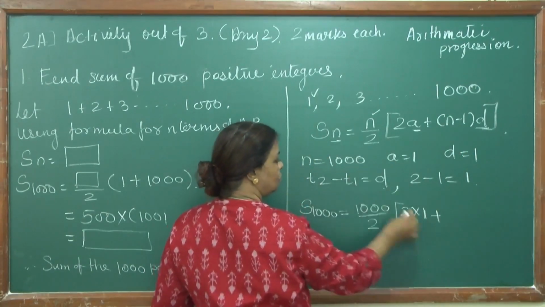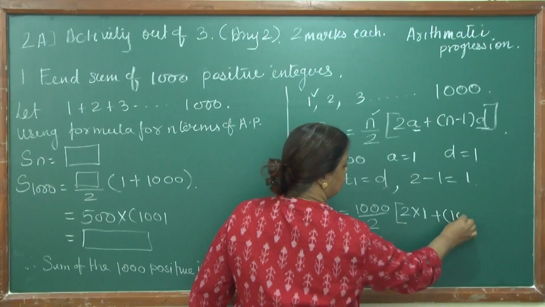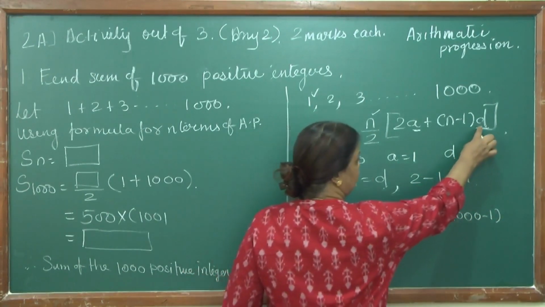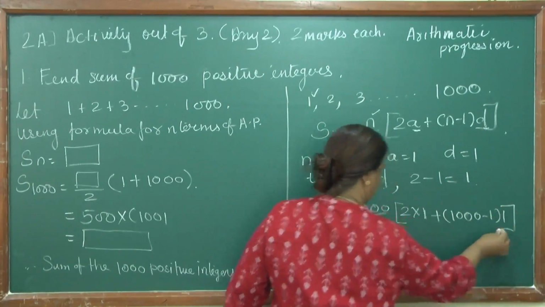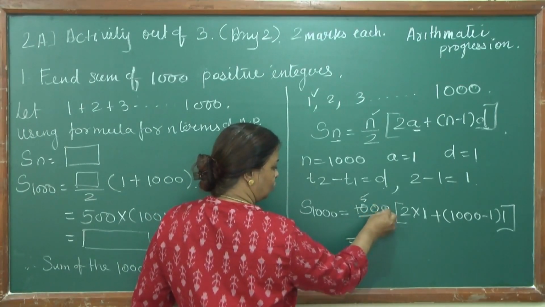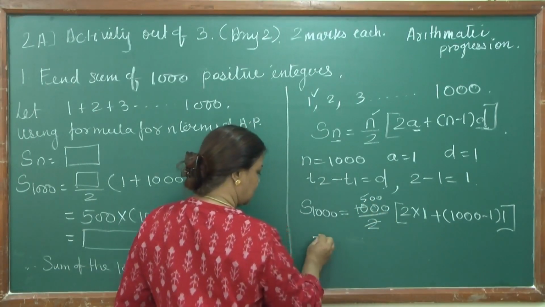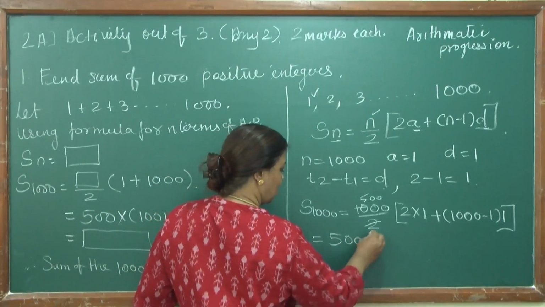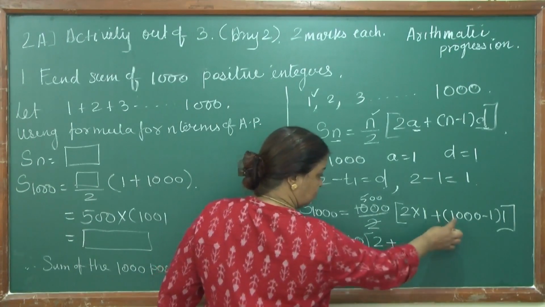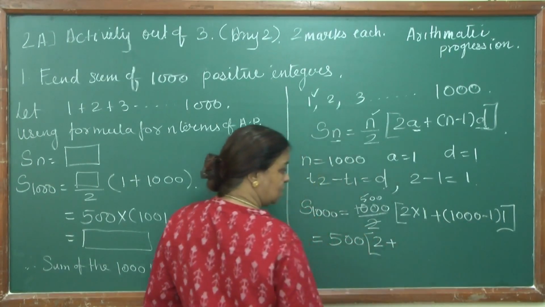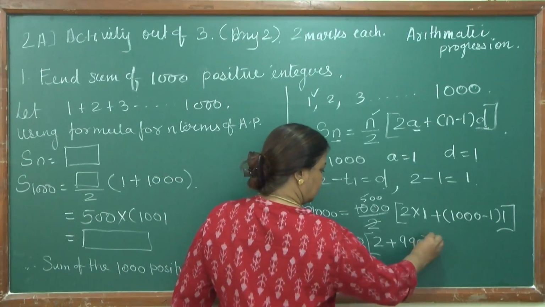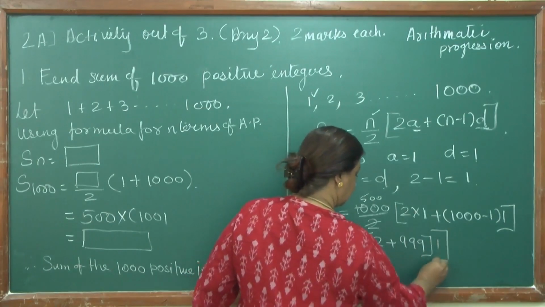N is how much? 1000, bracket, minus 1, into d, then d is 1, bracket close. So 1000 upon 2 is 500, bracket, 2 into 1 is 2, plus 1000 minus 1 is 999, into 1.